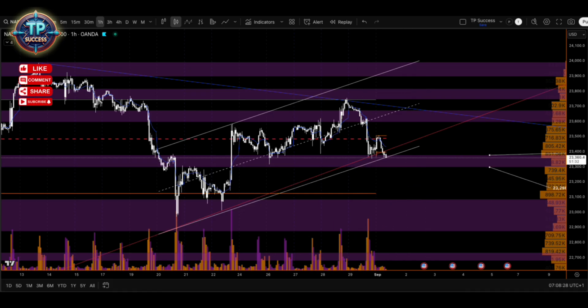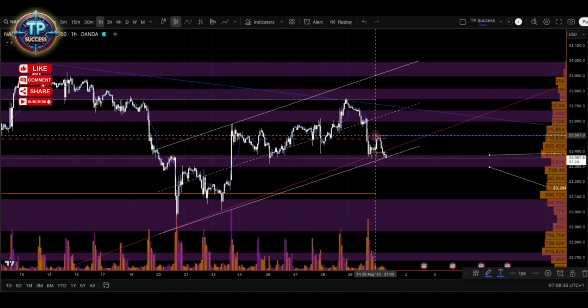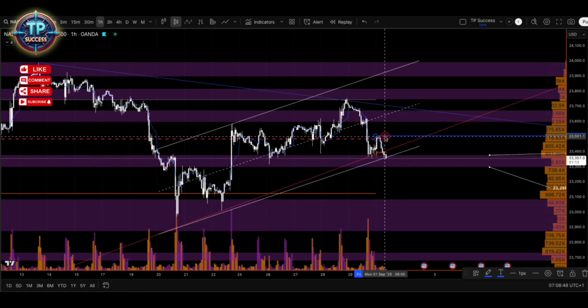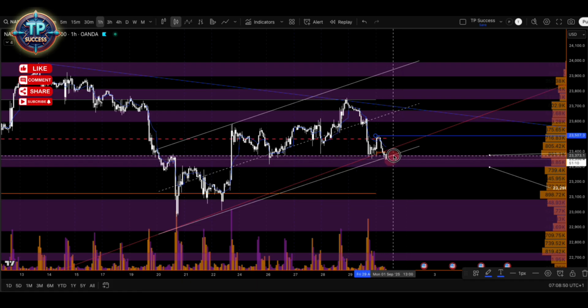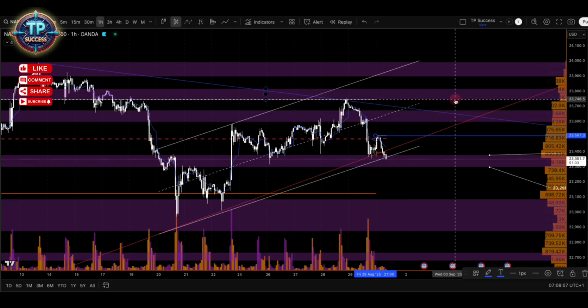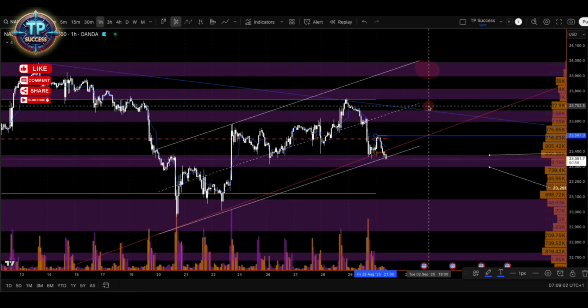One of the tools that we'll use to help us is the swing high of today, Monday the 1st of September, which is 23,507.3. If this level is taken out when price bounces in that direction, we're looking for longs. Worst case scenario, price wants to make its way up to 24,000.